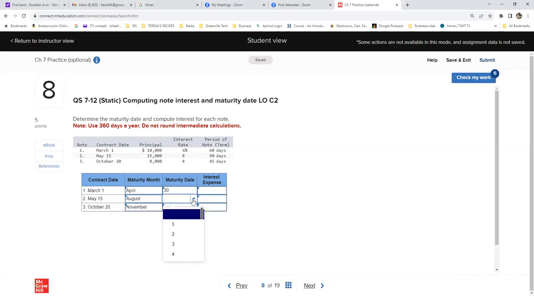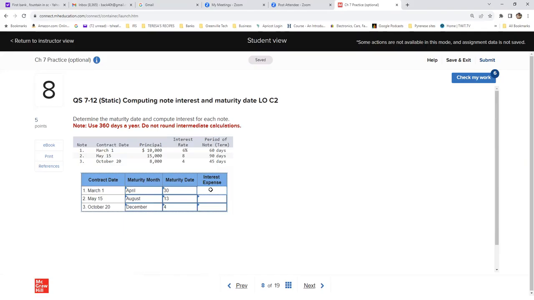The next one, if we count ahead 90 days, it's August 13th. And October 20th, we count forward 45 days. That's going to make it December. Oh, I did it wrong. It's December 4th. That's right. Let me change that. Counted wrong.